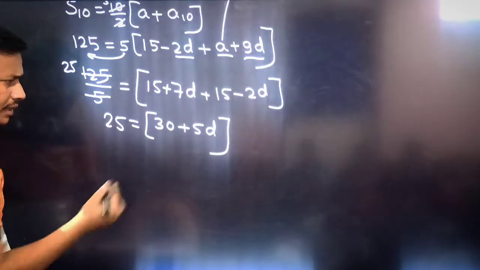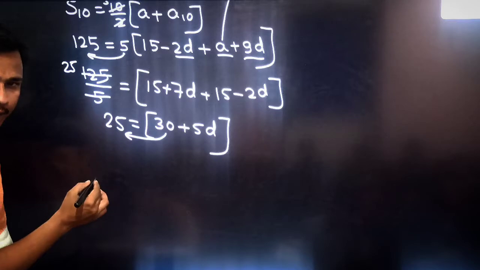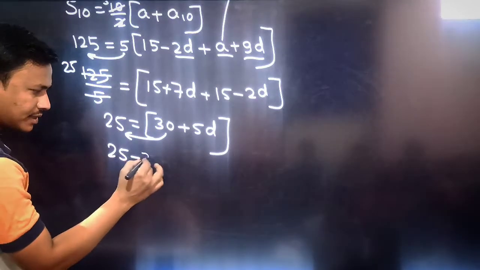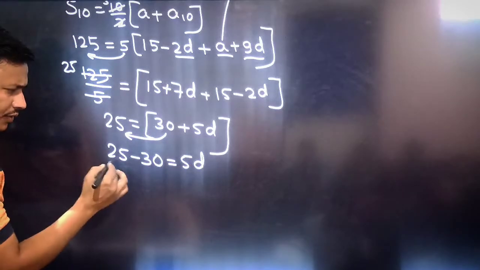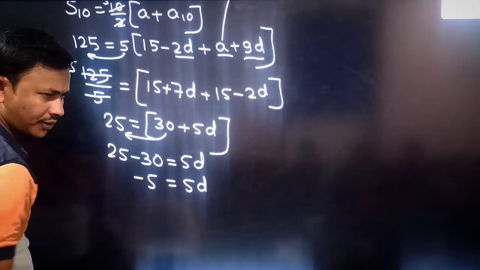Okay. Next, plus 30 will become minus. 25 minus 30 is equal to 5 into d. 25 minus 30 minus 5 is equal to 5 into d.